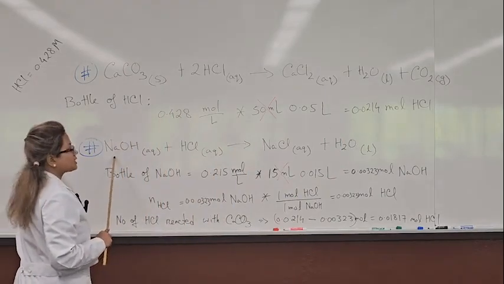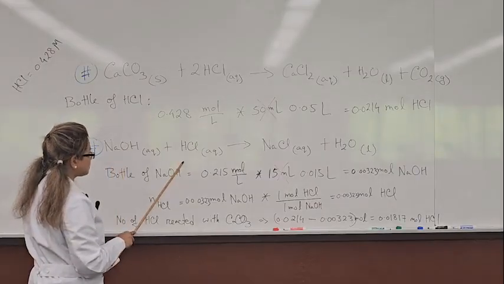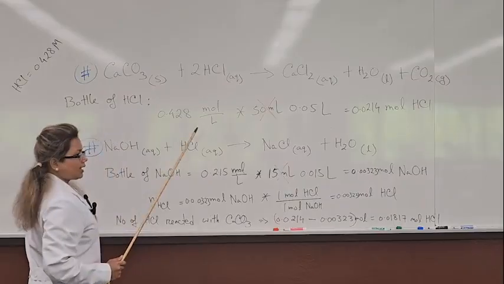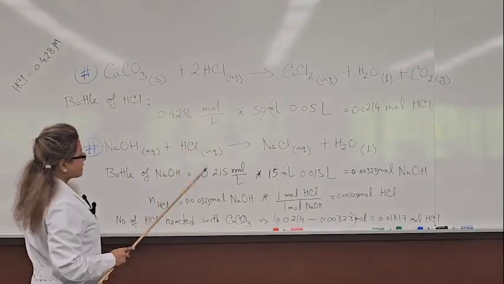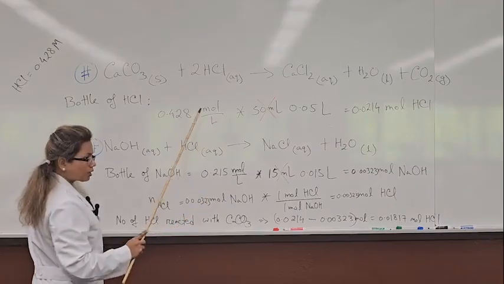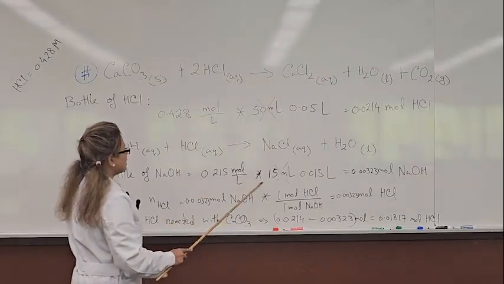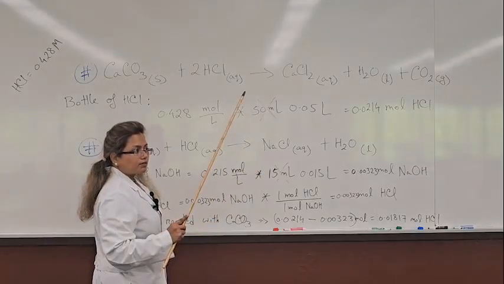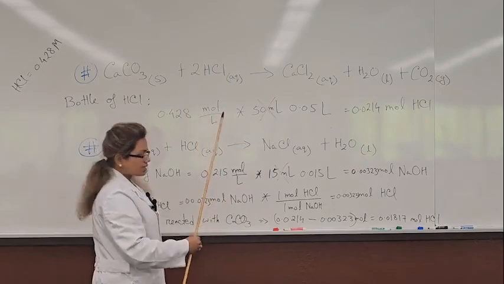Now, the next part is the titration. Sodium hydroxide reacts with hydrochloric acid and produces sodium chloride and water. Same thing on the bottle of sodium hydroxide, you see the molarity, which is 0.215 mole per liter. In the bottle it says capital M, which is mole per liter actually. I used 15 milliliter because 15 milliliter of sodium hydroxide I delivered to the flask.